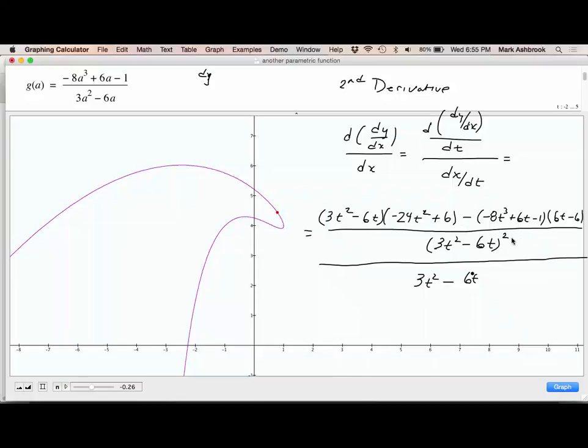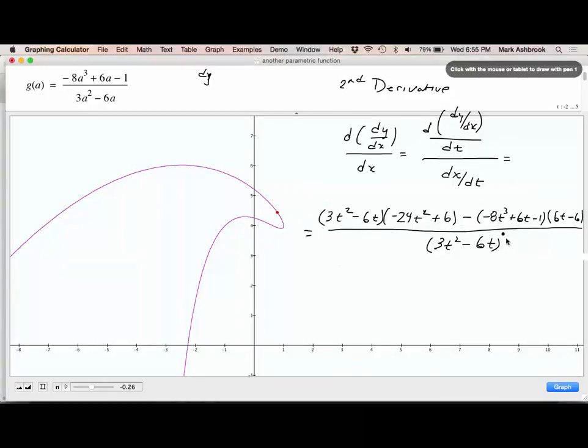I'm just going to erase and rewrite this as a cube. When you take this divided by this, it's just going to be times the reciprocal of this, right? So we're just going to get 3 of those in the denominator. So I'm just going to erase and change the 2 to a 3. So that's what we got.